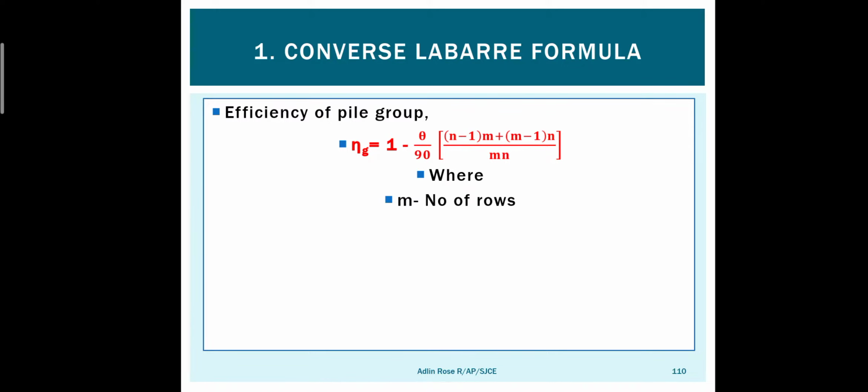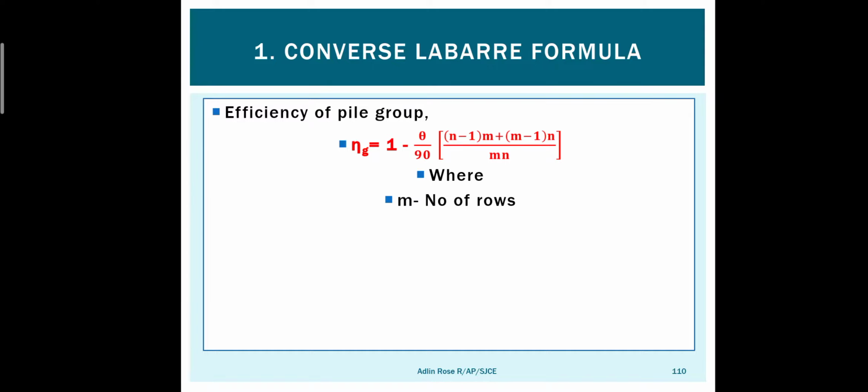As I said, all the piles are connected to a pile cap. When you see it from the top, for example if there are 9 piles in total, then to achieve a symmetrical pattern we put it in a square pile cap as 3, 3, 3, so that it becomes a total square pile cap.